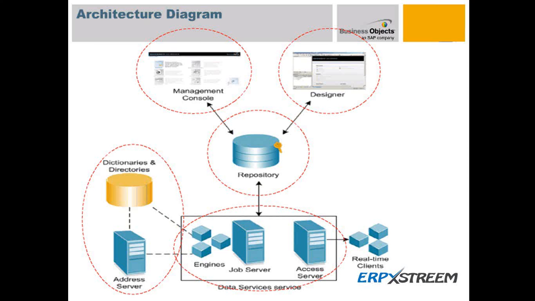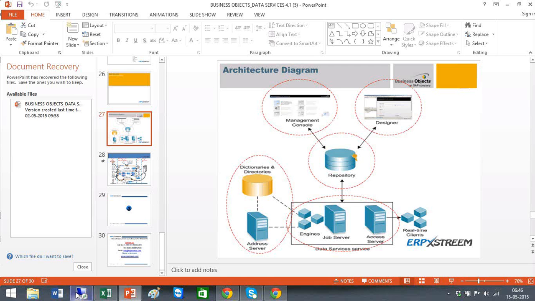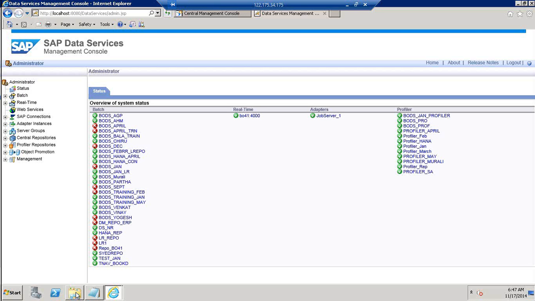This access server enables us to communicate with the adapters. So through the job server, it goes through the access server, and from there it goes through the adapters. These adapters are nothing but your connectors to the external sources like your web services or the JSON files.